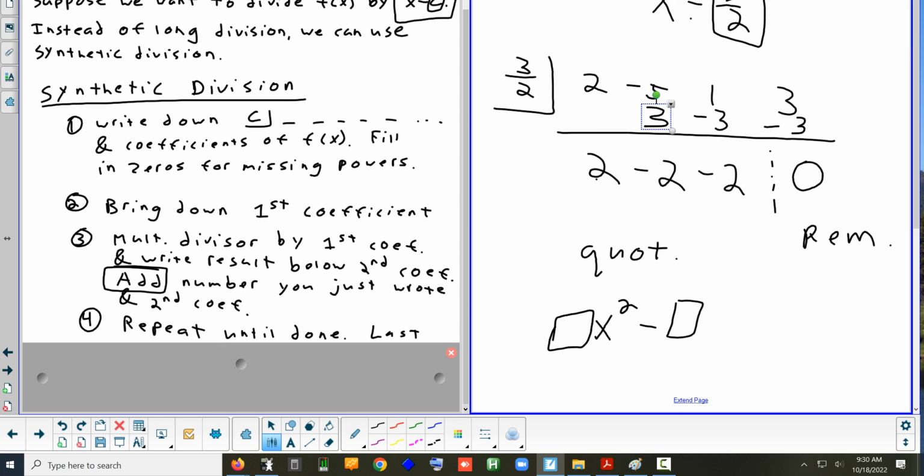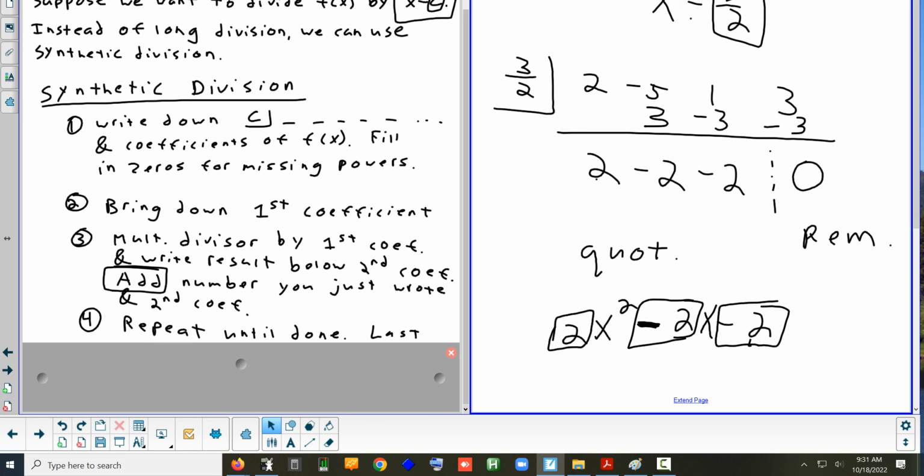These numbers are the numbers that would go in those boxes. So can you tell me what the quotient would be? Yeah, it would be 2x squared. Yep. Would you bring down the negative sign or no? I've already put the negative there. So it'd be minus 2x. Yeah, so we can think of it that way if you want. Minus 2x, and then minus 2. So it's 2x squared minus 2x minus 2.